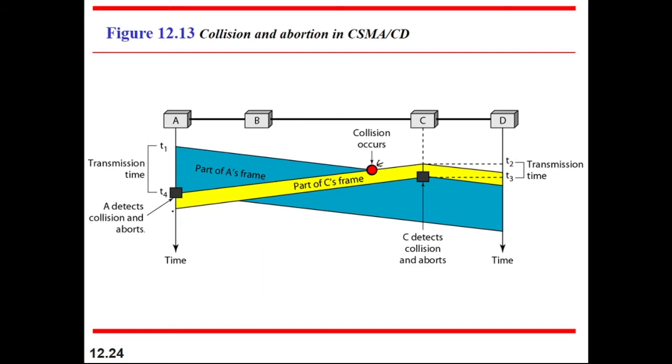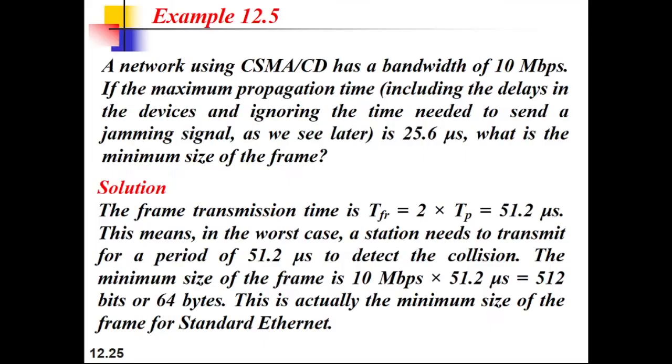That means A needs to send the packet again, and C also detects the collision and aborts. This jamming signal is sent to the sender as well as the receiver. So the two machines, A and C, get this signal, and they have to abort their transmissions. That means they have to resend their data again.